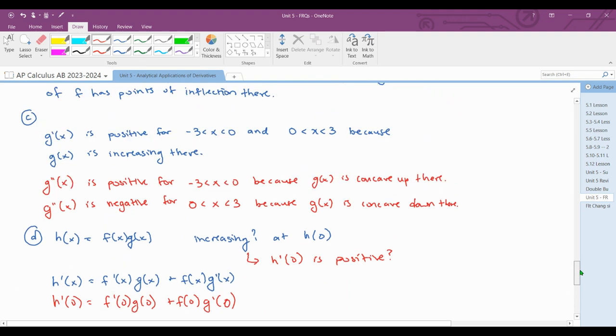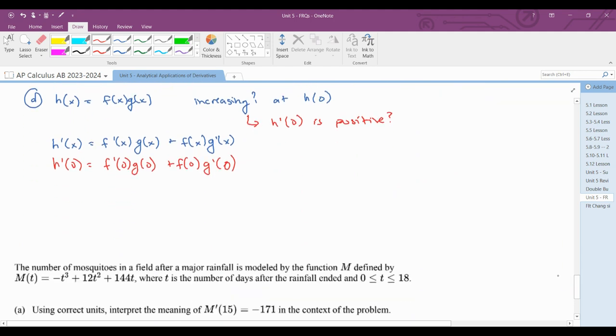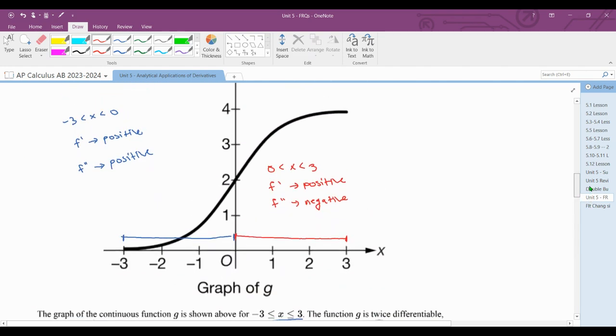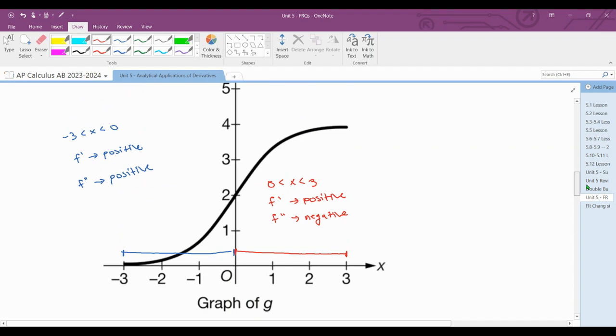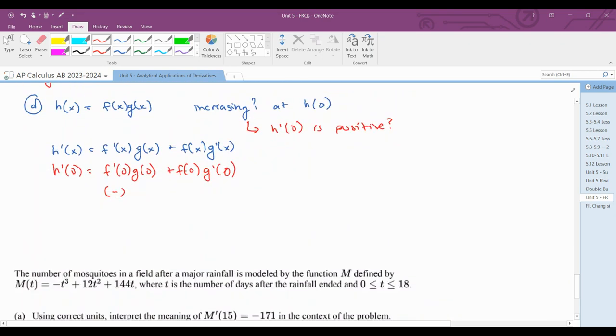If anything, we could plug it into our equation here. So if we plug in 0 to f prime of x, it would be negative 5 over 4 times 1. So we know it's going to be a negative value here. So I'm just going to plug in negative there. g of 0, you're going to look at your graph. So g of 0 is the value 2. So you could put 2 if you want, but you could also just put a positive value.